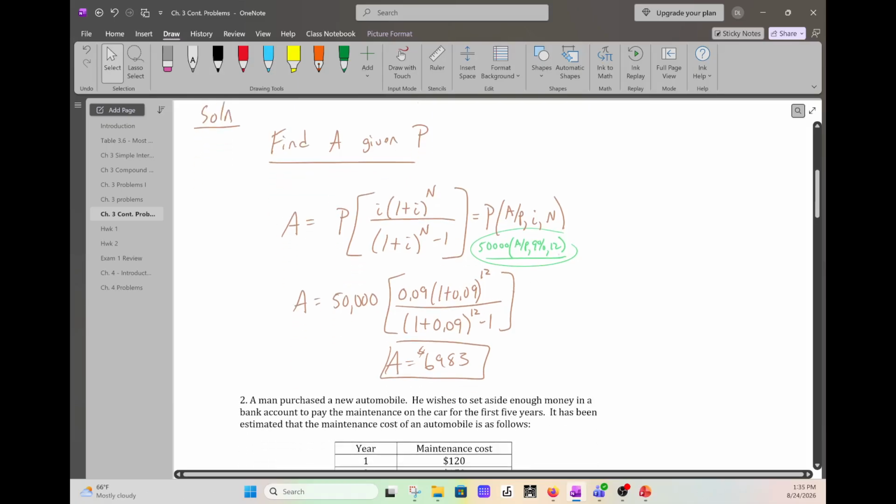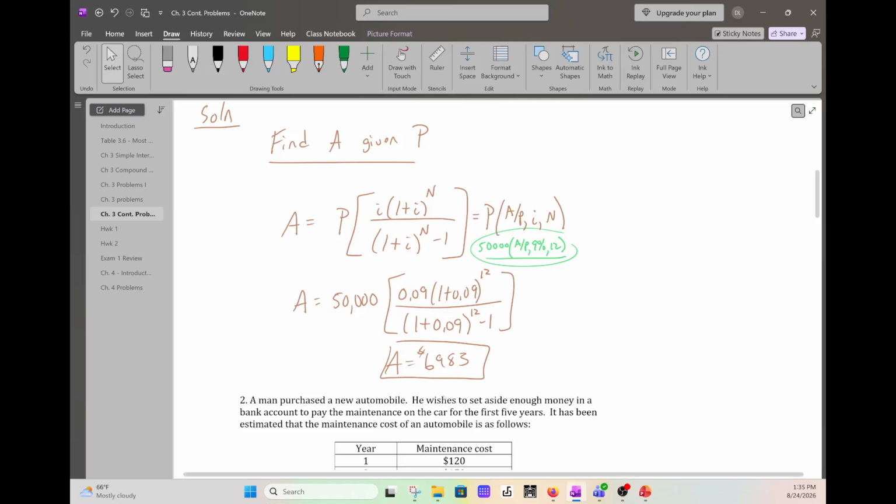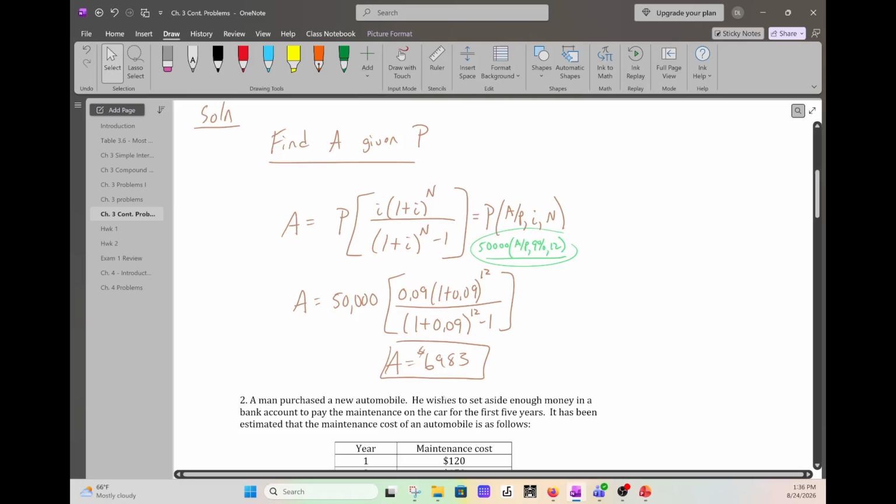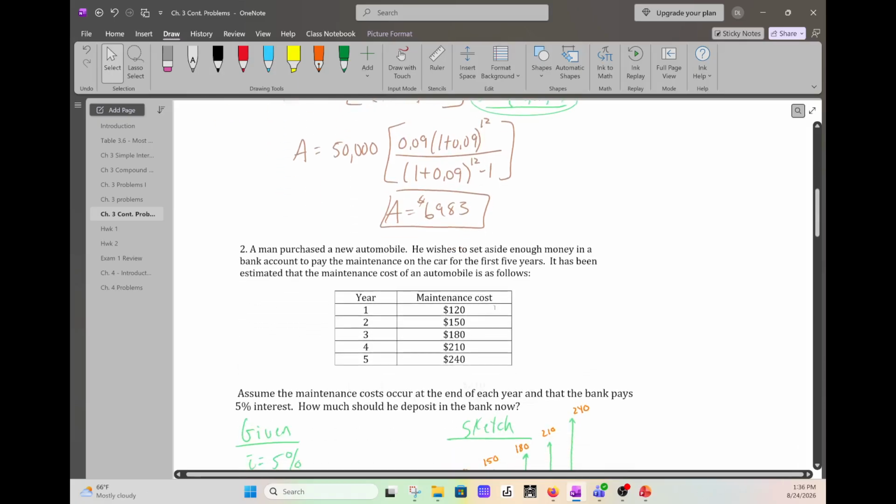You can find that in the appendix, or you can use this equation, put it in your calculator, and you get an annual amount of withdrawal of $6,983. Again, you deposit 50,000. What are the annual payments? Use this fundamental equation.